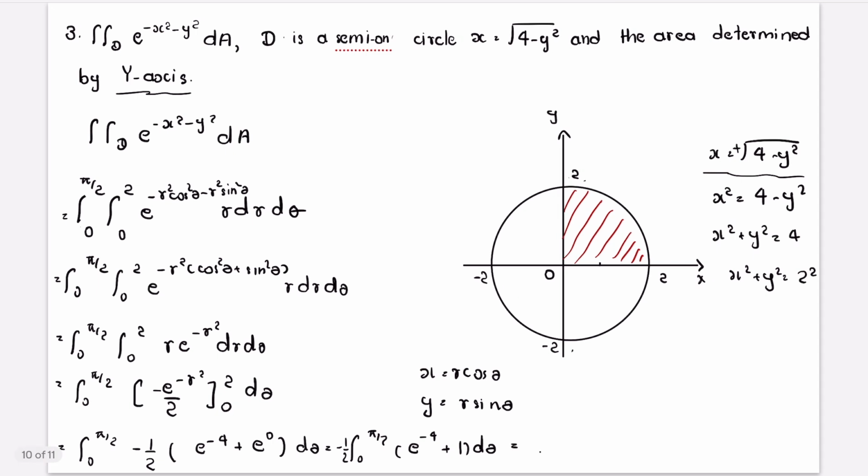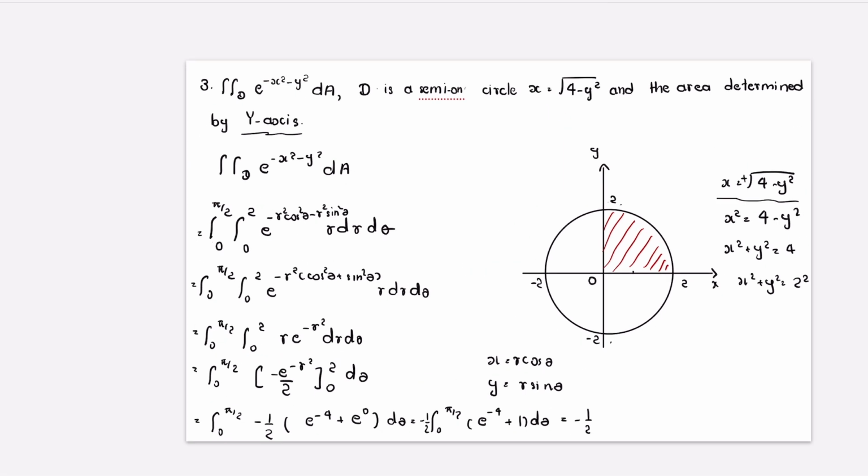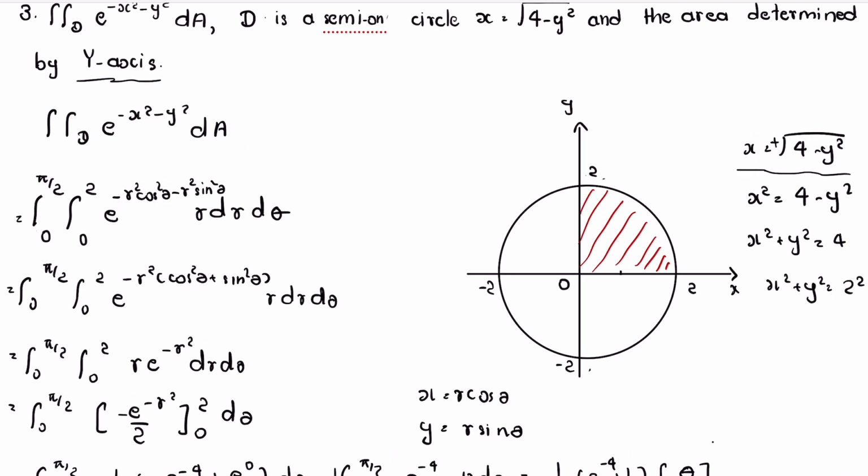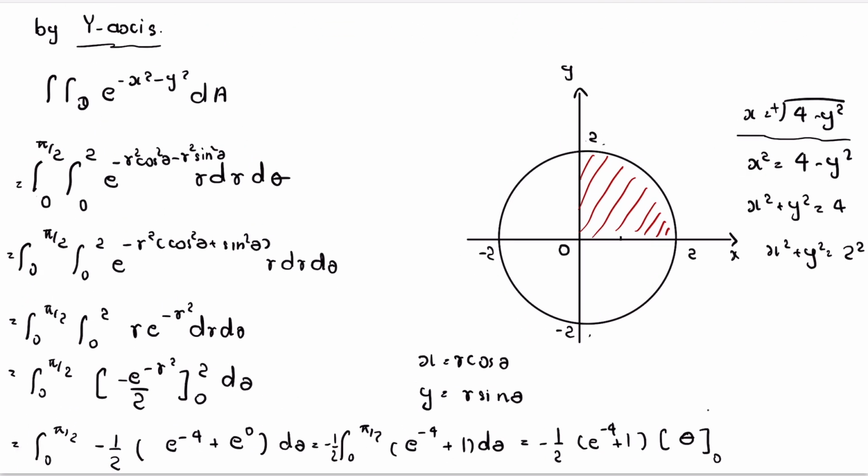So integration of that is, there is no theta, so that means plus 1 d theta. When we integrate 1, we will get theta, only theta from 0 to pi by 2.